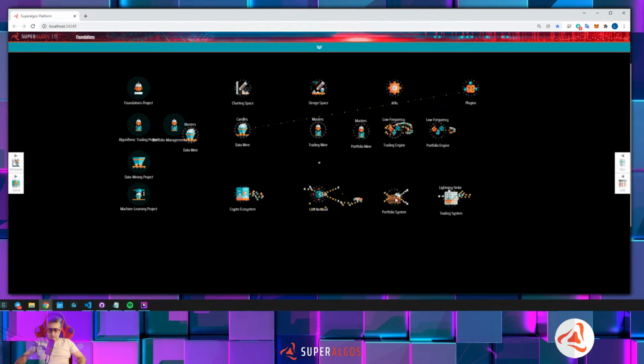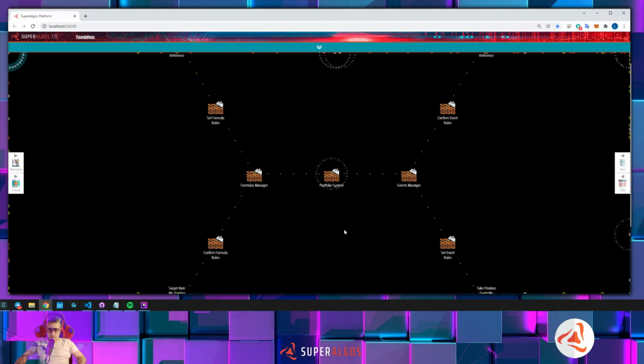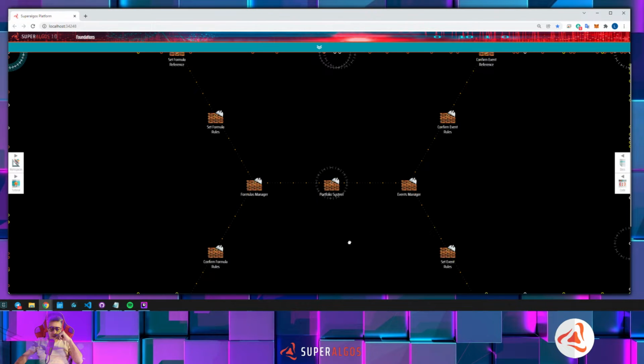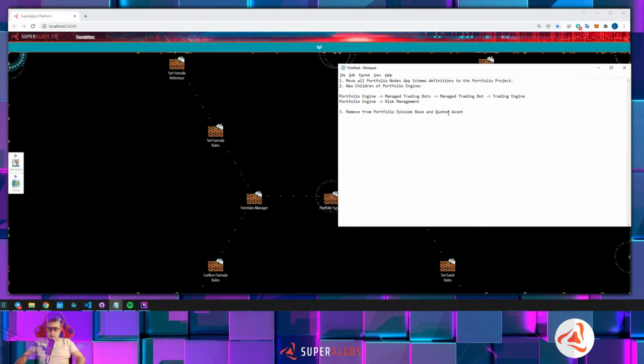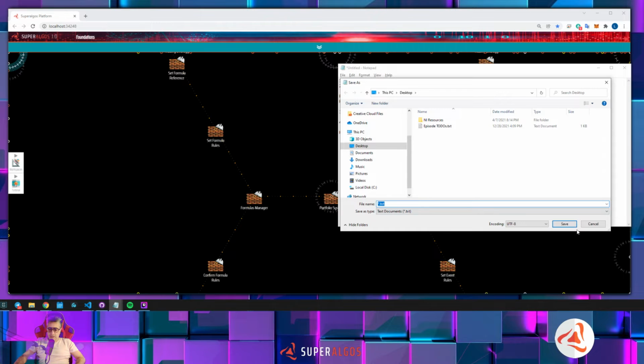The place to define what to calculate is actually the portfolio system. So the portfolio system will also have new children, new children of portfolio system. We will call it risk management too.